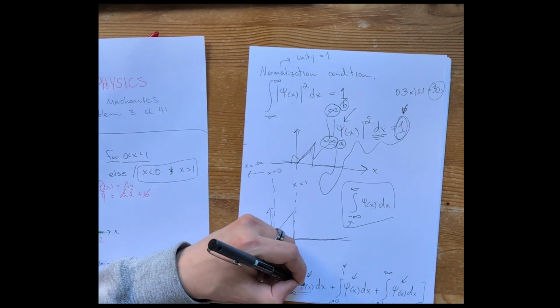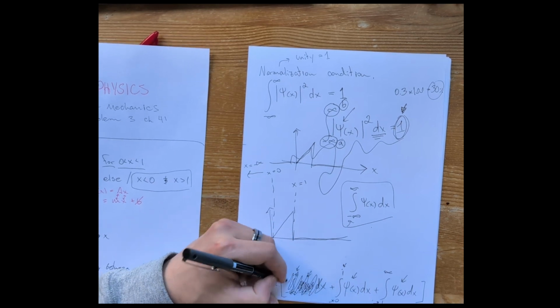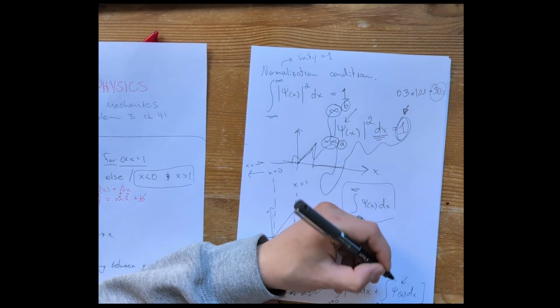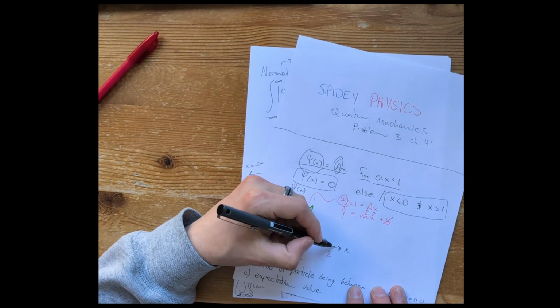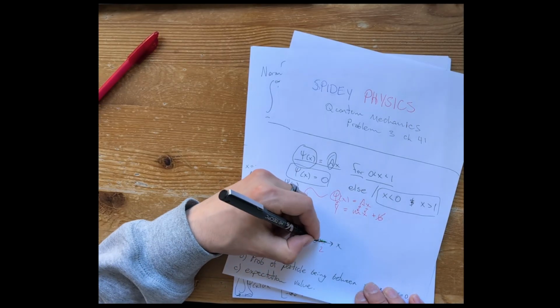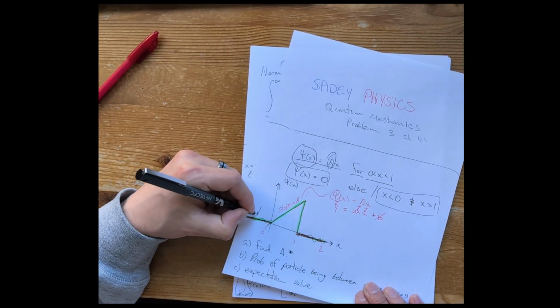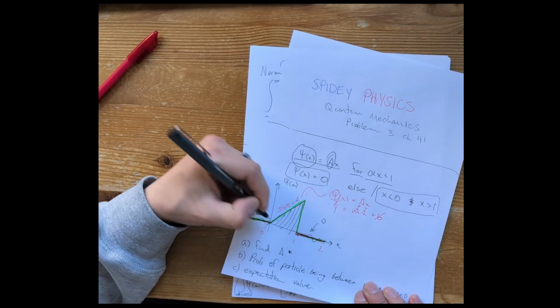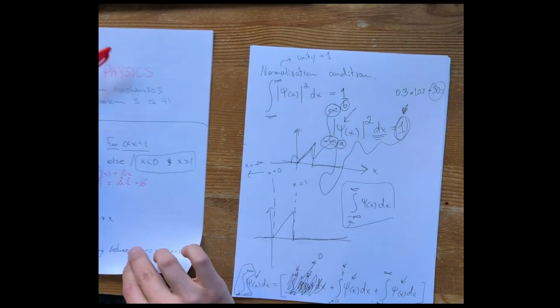In this region, the wave function is 0. So 0 basically terminates this entire integral. This just goes to 0. Same thing here. Outside of 1 all the way to infinity, the wave function is 0, so we don't care about that. The area under this curve is 0. Same thing with the area under this curve. These are just zeros. The only thing we care about is this little region here, which is a non-zero area.